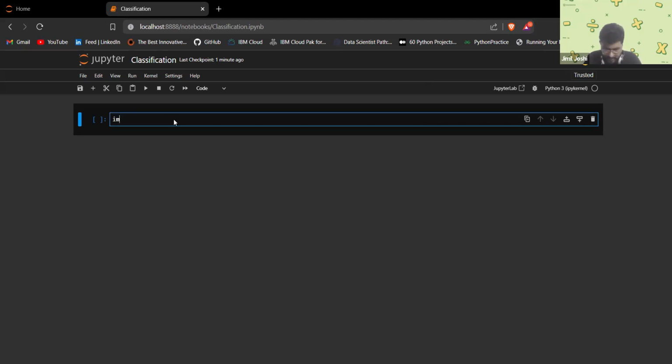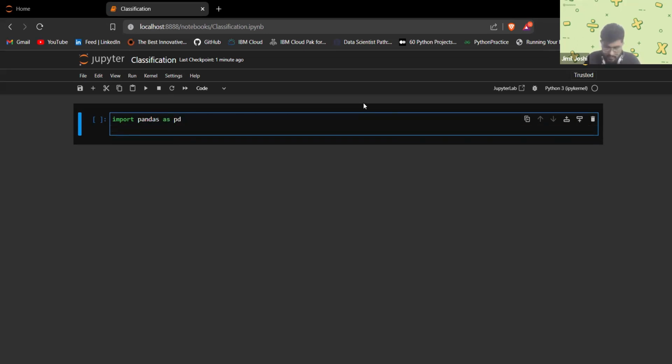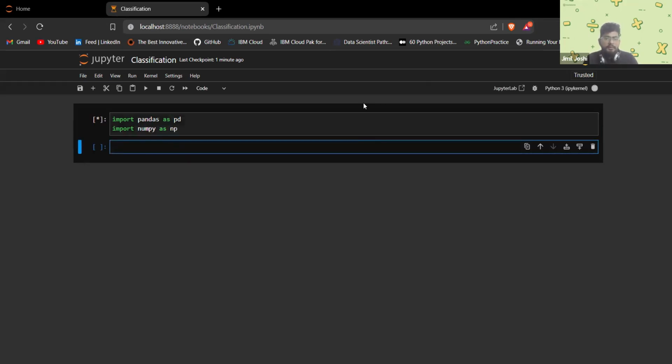So let's import the libraries first of all. Let's import pandas and call it pd, and we can import numpy as well. These two libraries we need as of now, to start. And I'm going to share one URL with you that will give you your data.